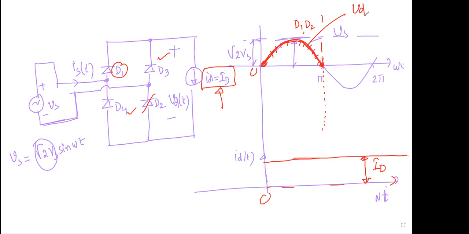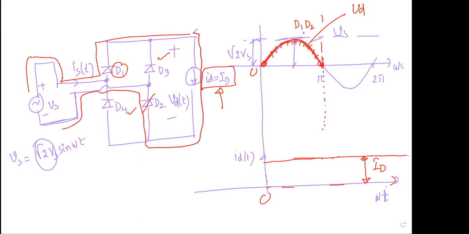Then the current is not zero, right? I am plotting the path of your current. It must come from the source and D1, then through your load and D2, and go back to the source, right? And you already know the current on the output side, and this is constant.